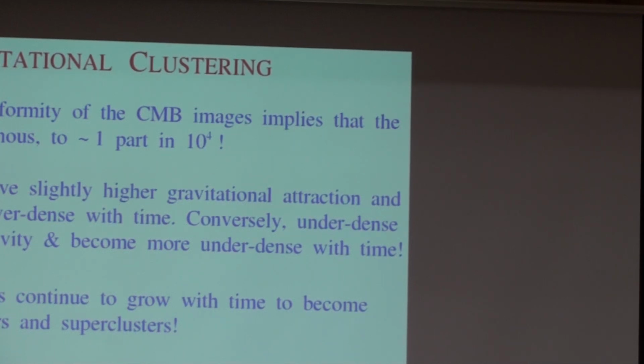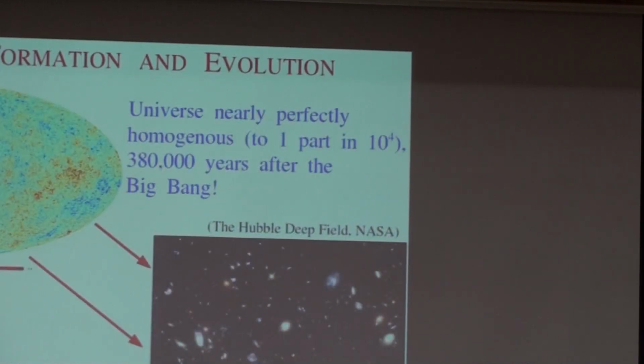You know, when you throw this thing up, it falls. So, regions over here which are rare, which are slightly overdense compared to the background, will have a slightly higher gravitational attraction than the background, because of which particles from around them will fall towards them.